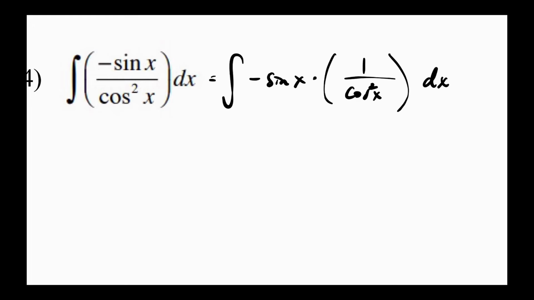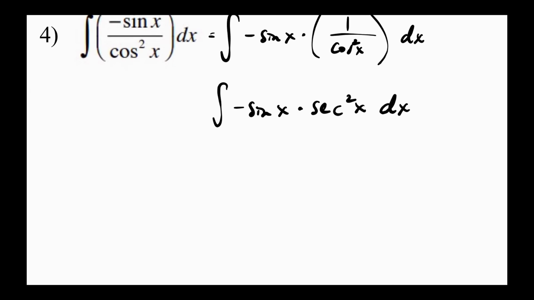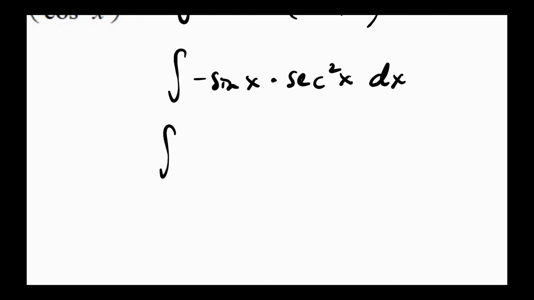You convert the 1 over cosine squared to secant squared. Okay. Then what do we do from there? We can't do that for the same reason Danya said earlier. It would be nice if we could do this for this problem.